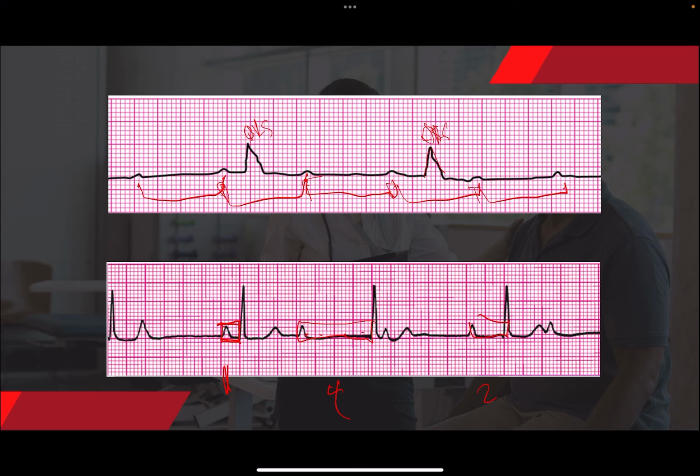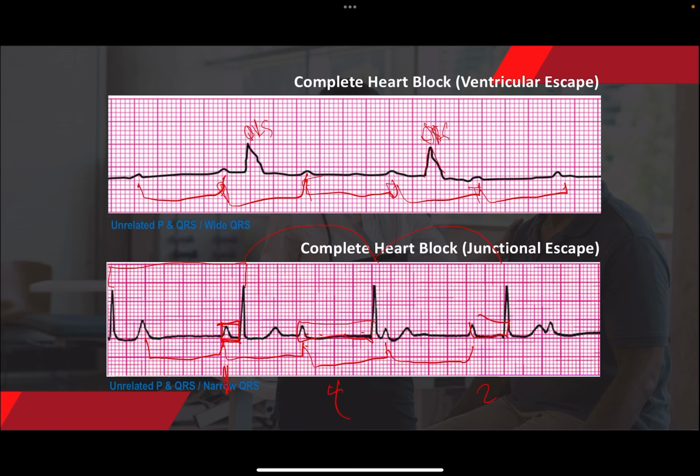And then if you measure the atrial activity, boom, boom, boom, boom, it's regular. Your atrium is pumping on its own. And then your ventricular activity, here, here, here, it's also regular. It's also working on its own pace. So this is your complete heart block.